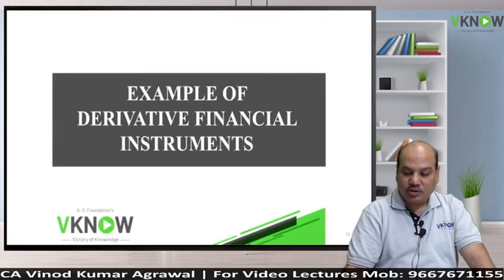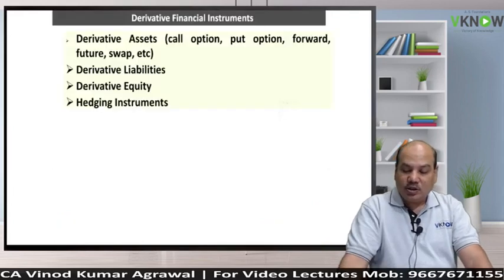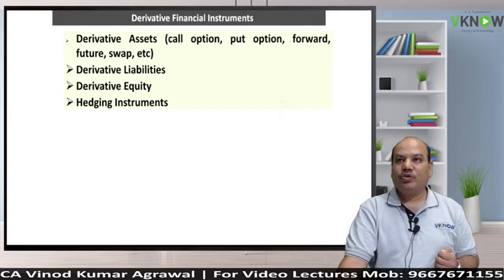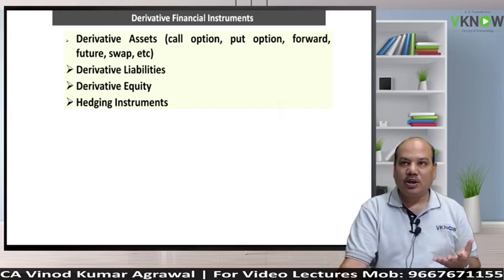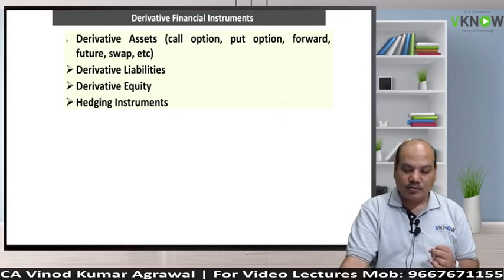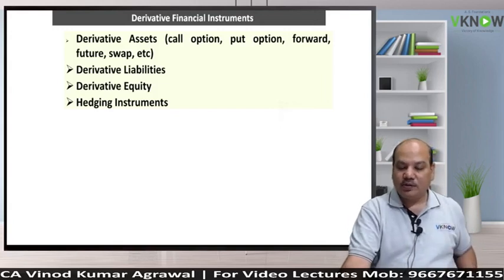And what are secondary or derivative financial instrument? Derivative financial instrument means they derive their values from underlying instrument. Popular examples of derivatives are call option, put option, forward, future, swap. A derivative can be an asset also.